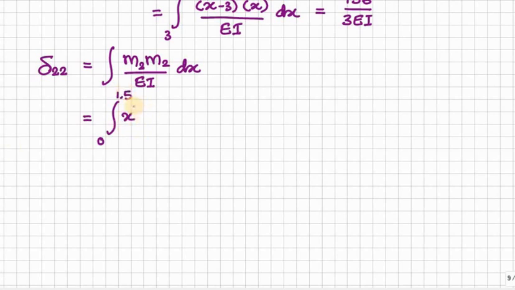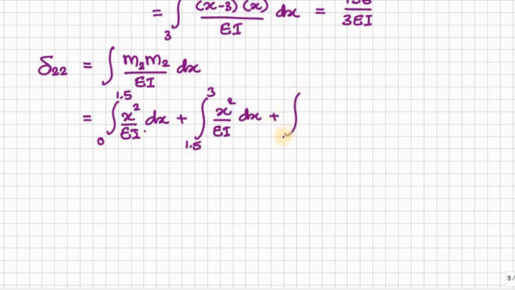Therefore 0 to 1.5, x squared divided by EI into dx, plus 1.5 to 3, again 6 squared by EI into dx, plus 3 to 7, x squared by EI into dx, or 0 to 7 x squared by EI dx.